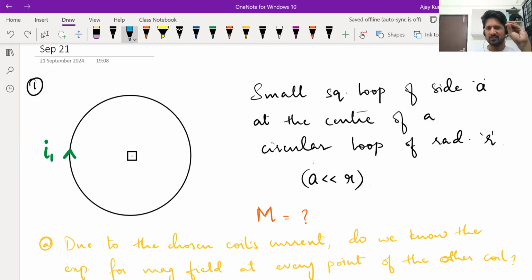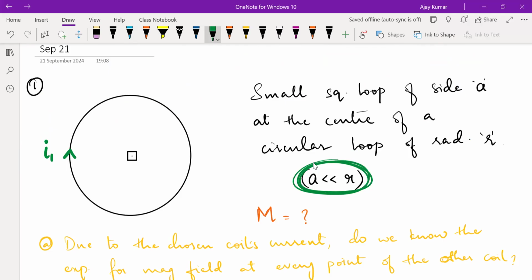But there are some points in the square which are away from the center of the circular loop. But there is one thing we can take advantage of in this case. The size of the square is very small. Okay. So all points of the square are very close to the center of the circle. So you can assume, okay, that the magnetic field all over the square is uniform.